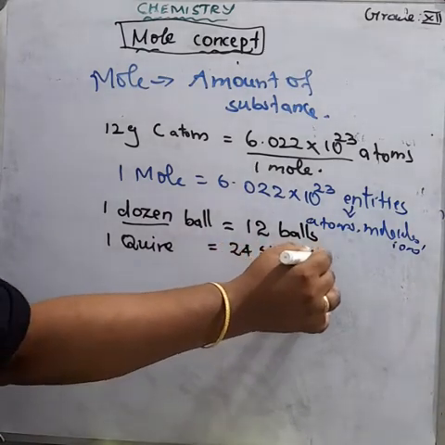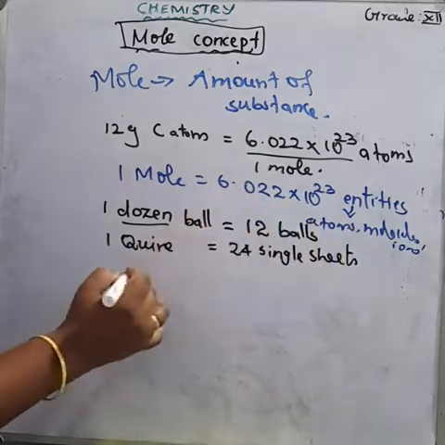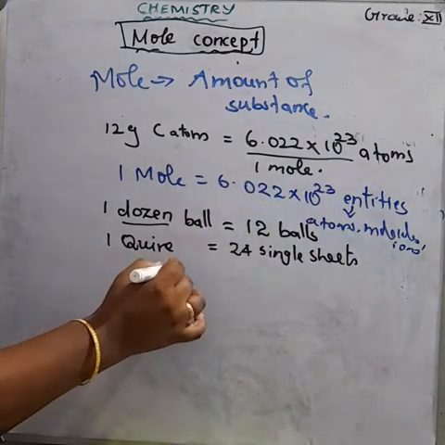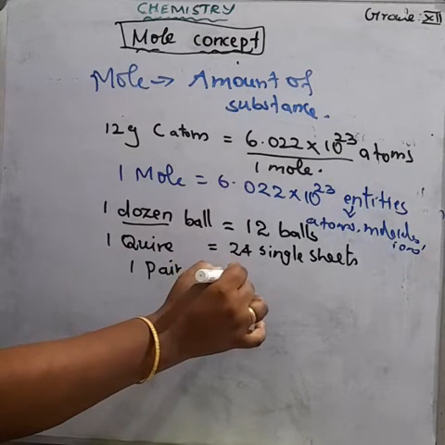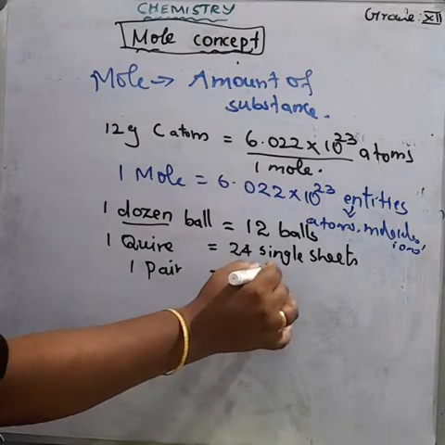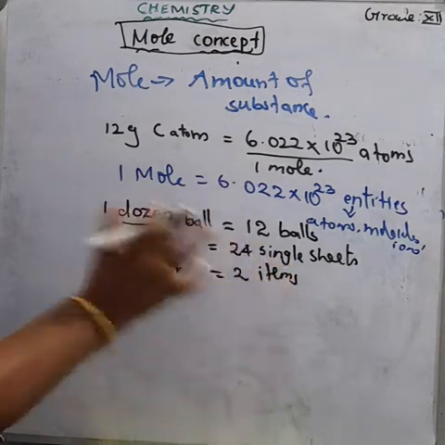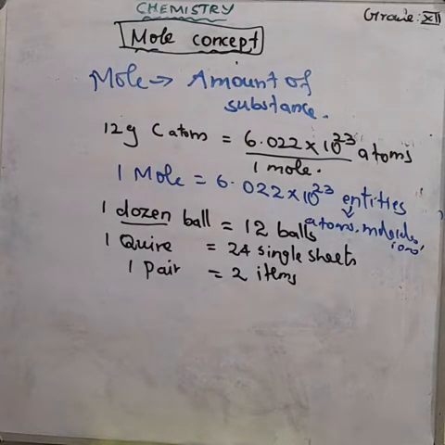Like that, a pair means 2 items. A quire means 24, and we use quire for paper. A dozen indicates a number of items: 1 dozen apples, 1 dozen roses, 1 dozen balls.